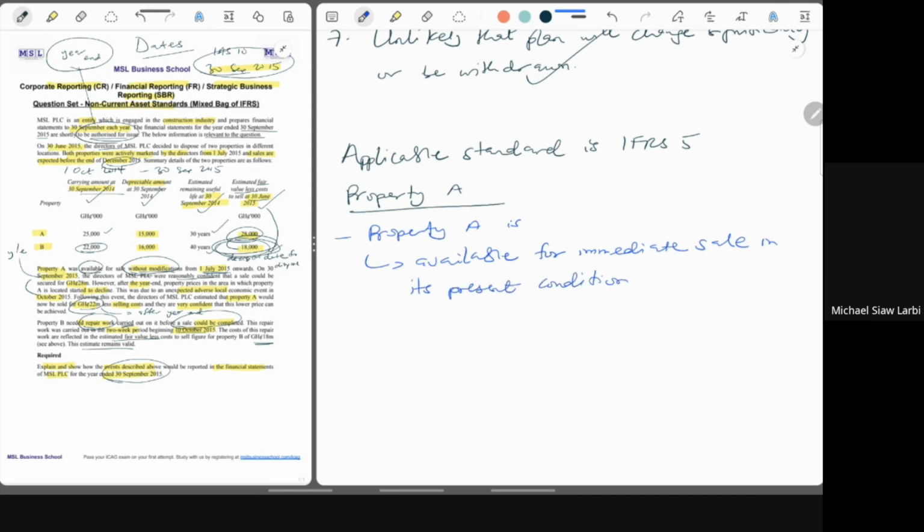What else are we told? This same property is being actively marketed at a reasonable price, right?